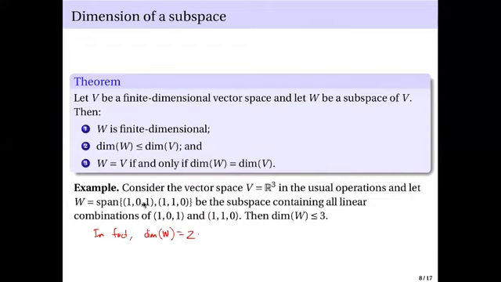Once you've shown that they are linearly independent, then that's the time you can say that the dimension of W equals 2. Is that clear? So you still need to show linear independence for these two.